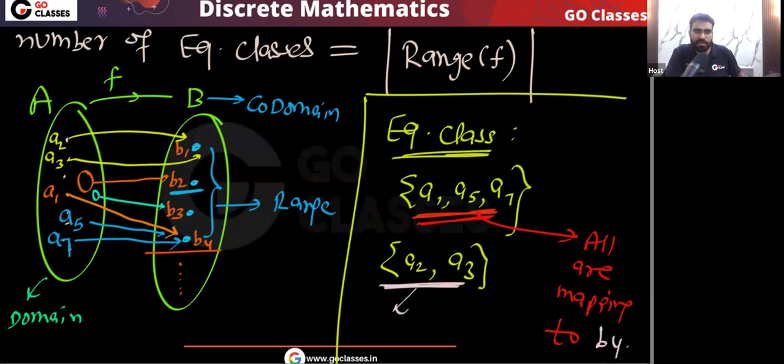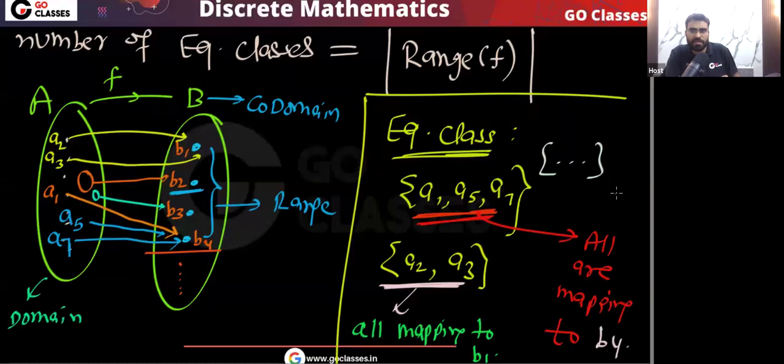Similarly, here they are in an equivalence class because all are mapping to B1. There will be one more equivalence class where all map to B2, and one more where all map to B3.